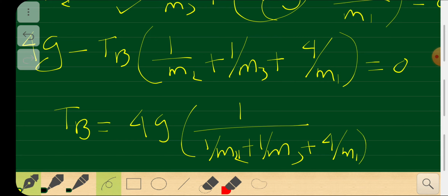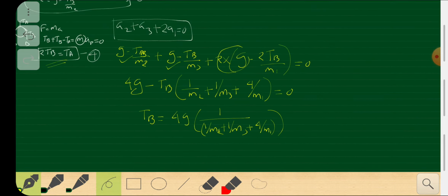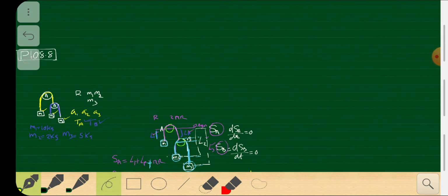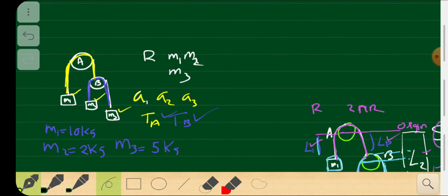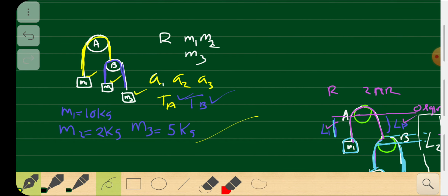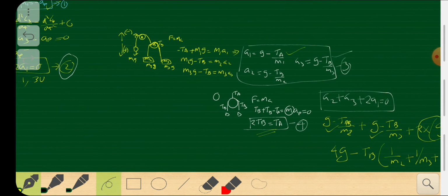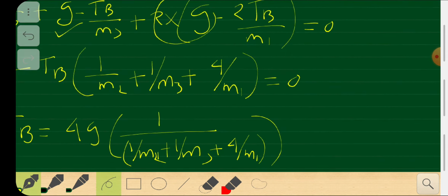So that will be tb. I just found out the tension. I know m1, m2 and m3 for a fact: m1 is equal to 10 kilogram, m2 is equal to 2 kilogram and m3 is equal to 5 kilogram. I'm going to substitute that and find out tb.